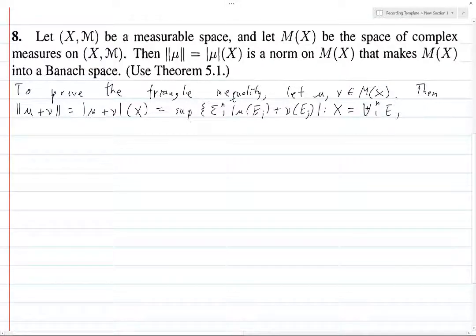So it's just the supremum of the absolute value of the measure applied to each set, the supremum taken over finite partitions of the initial set. And so we've got this, and then we just use the triangle inequality on the absolute value.